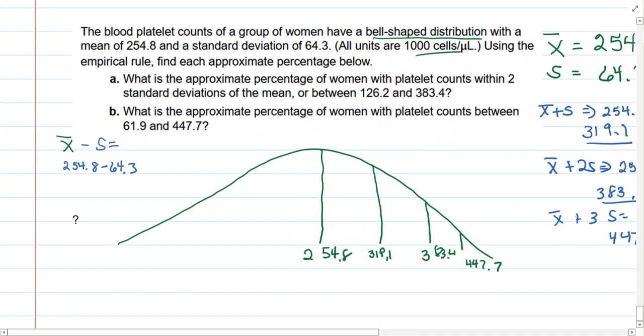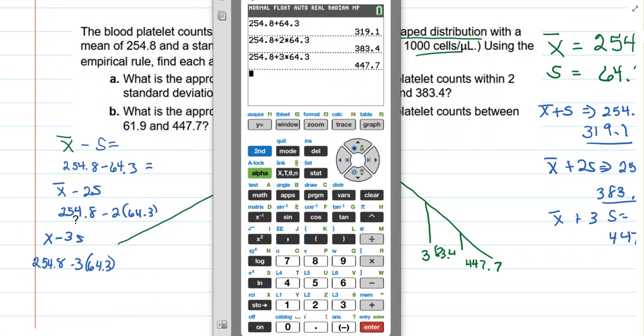And then I'm going to have X bar minus 2S, and then the third one, X bar minus 3S. All right, so let's do this math so we can get it posted on our bell curve.